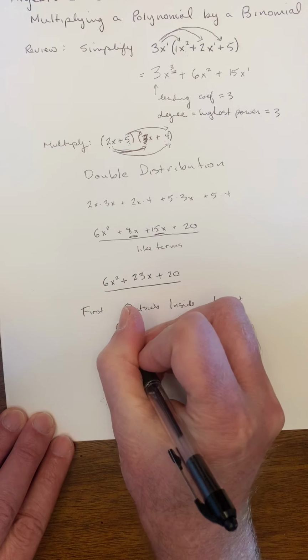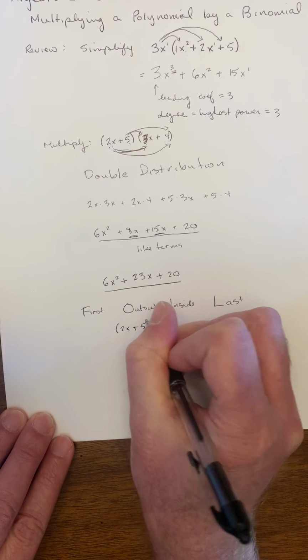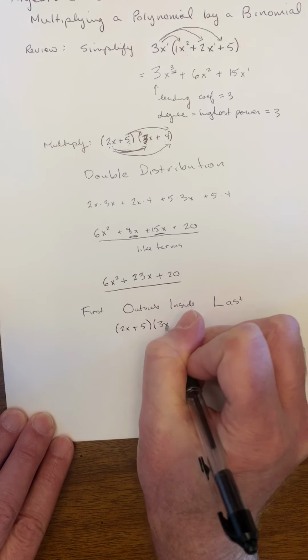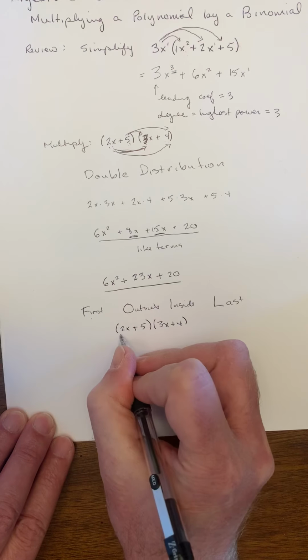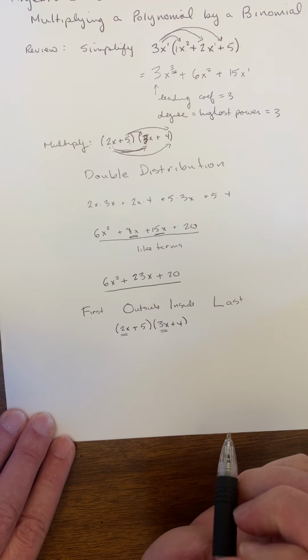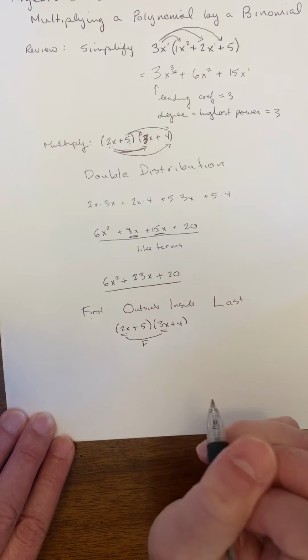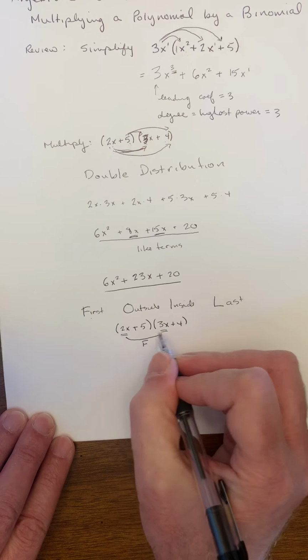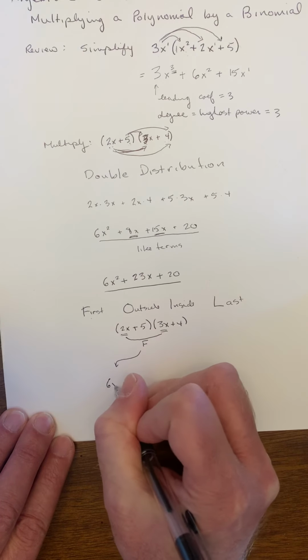Let's do this problem again using FOIL. 2x plus 5 times 3x plus 4. So the first means the first terms in each parentheses. So this times this is our F, that's for first. 2x times 3x is 6x squared.